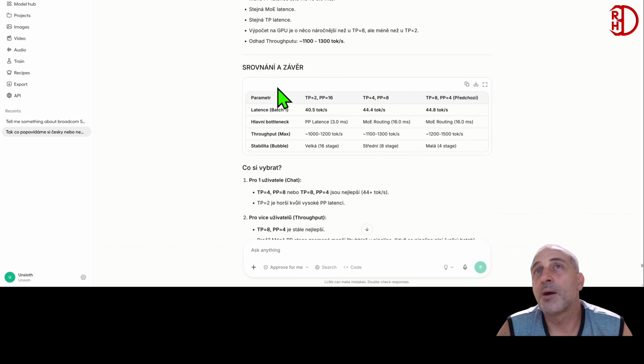It was about the Kimi 3 if we use TP2, parallelism 16 or 4.8 or 8.4, and probably what will be the tokens. We have found out there are a lot of possible bottlenecks that can actually happen.